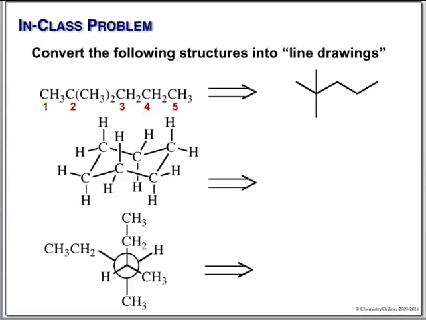Oh, well, they should all be the same length. Now, this does not reflect the accurate 3D geometry, because this is going to be a tetrahedral carbon, one will be forward, one will be back, etc. But that gets a little more complicated.